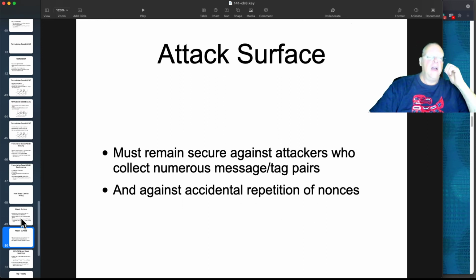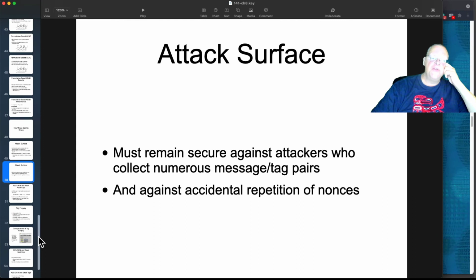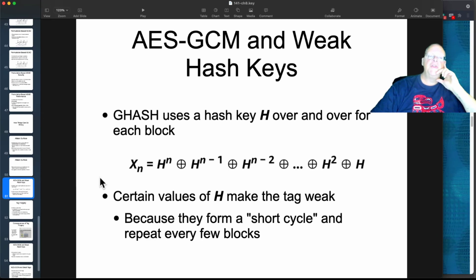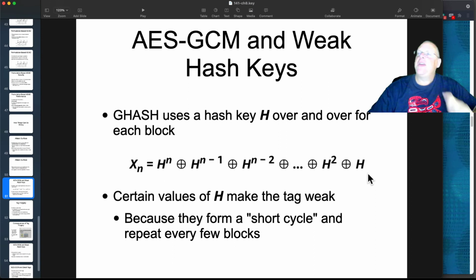And the nonce is likely to be reused sooner or later, and you should be able to withstand some of that. So it turns out that GHASH, used in Galois counter mode, uses this hash key over and over again for each block. And the problem is, just like RSA, which we're going to talk about, there are certain values of the hash key that make the tag weak.